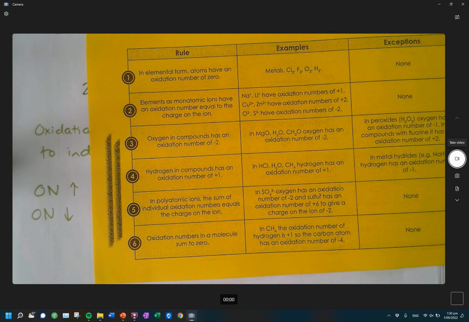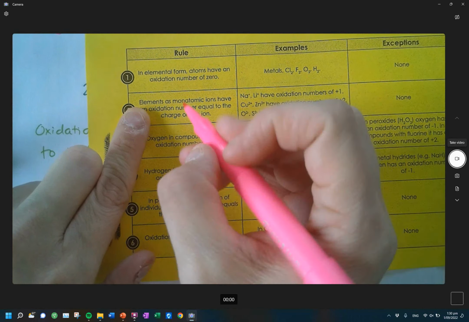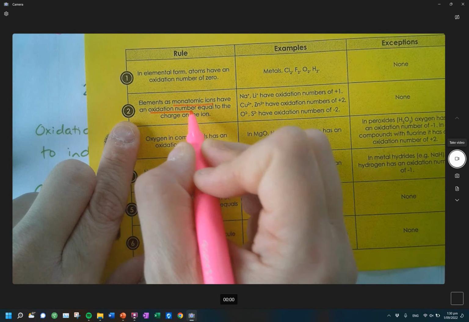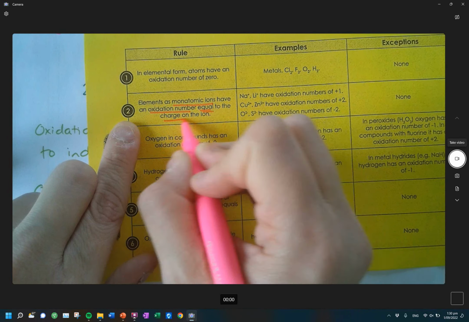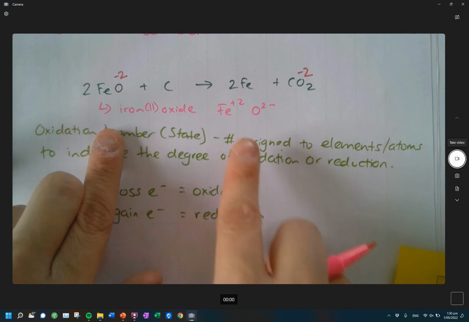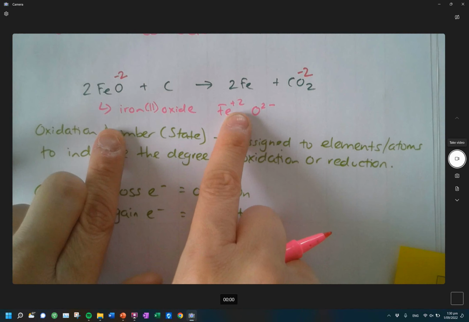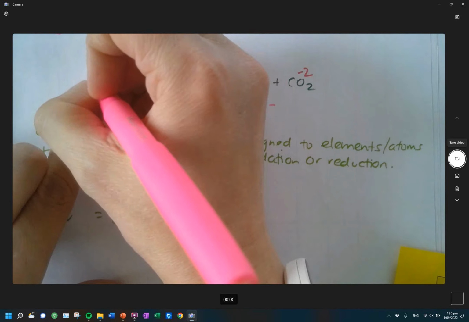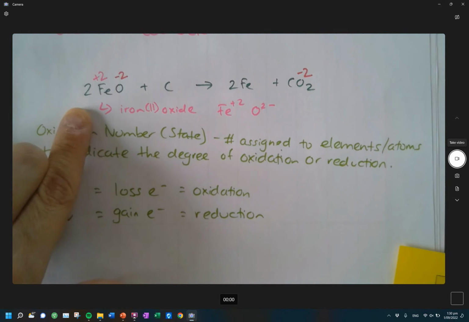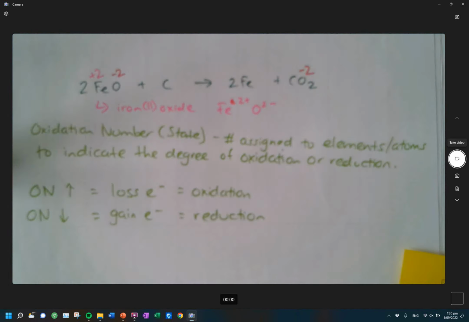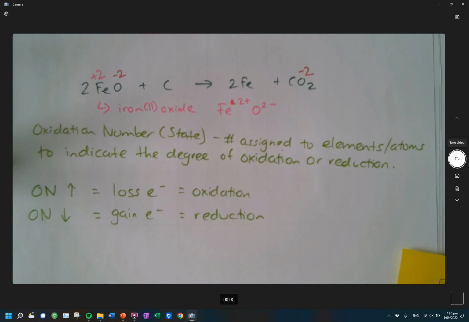The one that we are applying is that elements as monoatomic ions have the oxidation number equal to the charge of the ion. So this has a charge of 2+. So this will be +2. And actually, I have the plus sign on the wrong side on that one. All right, are we okay with that so far?